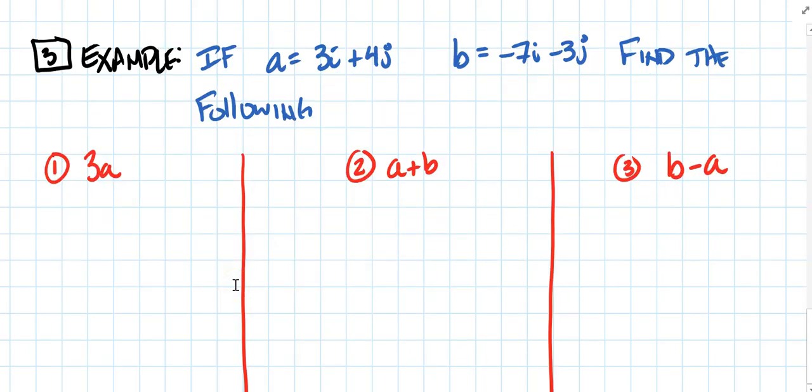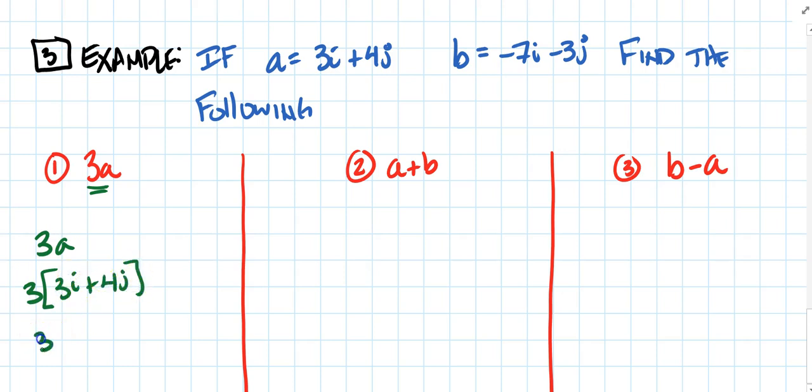Okay, last box, number 3, is an example. It says if we know that vector a is represented by its vector components of 3i plus 4j, and vector b is represented by its components negative 7i minus 3j, then we can find the following here. So what if I'm interested in 3 times the vector a? 3 times vector a is going to be 3 times the vector components of 3i plus 4j.